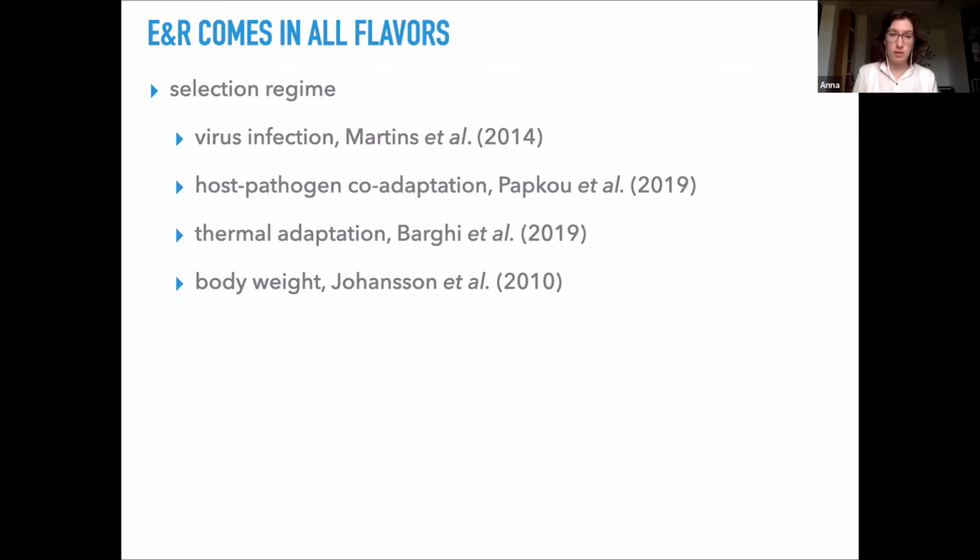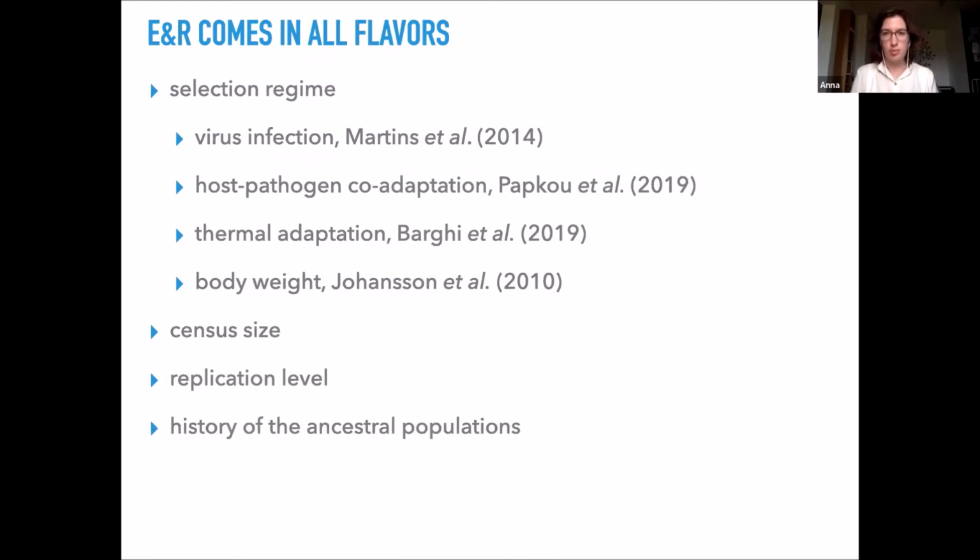This is what we do a lot in Christian's lab, body weight. But they also vary in the census size that is used in these studies, the replication level, the history of the ancestral populations, whether you apply artificial or natural selection, and the experimental duration, so the number of generations.